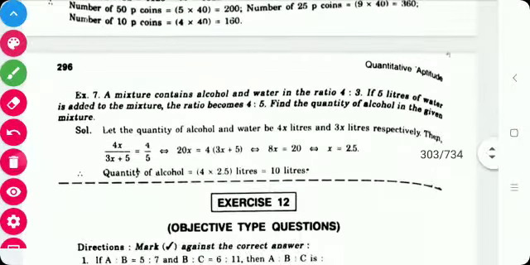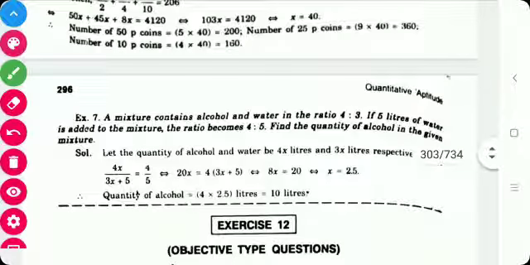Next is example 7. A mixture contains alcohol and water in the ratio 4:3. If 5 liters of water is added to the mixture, the ratio becomes 4:5.